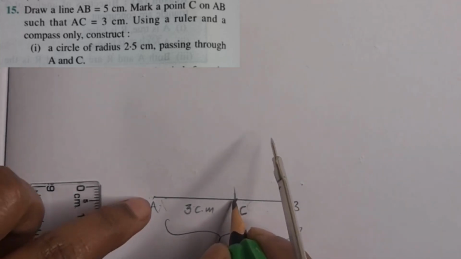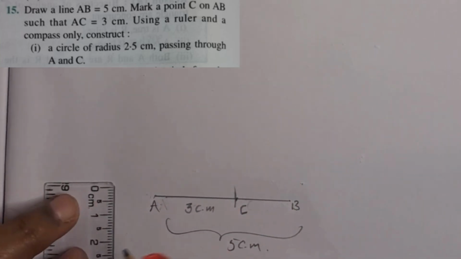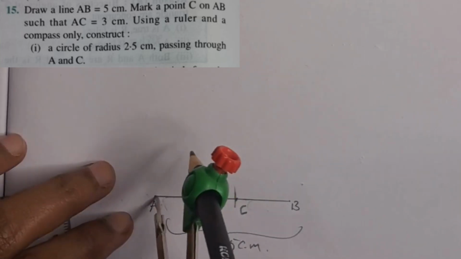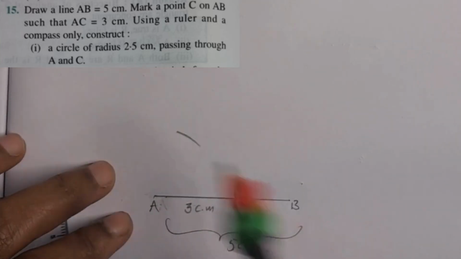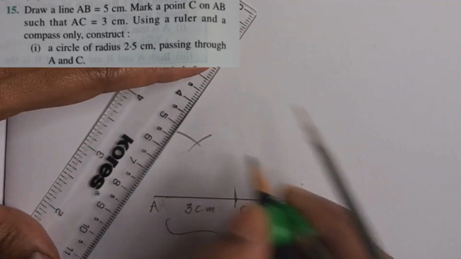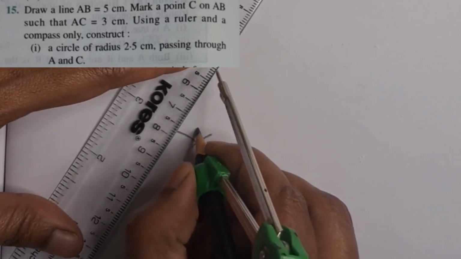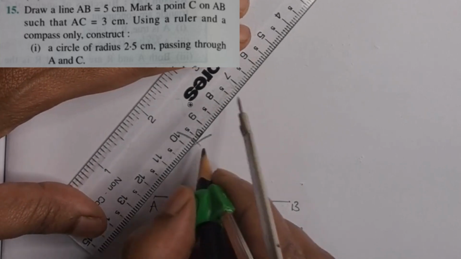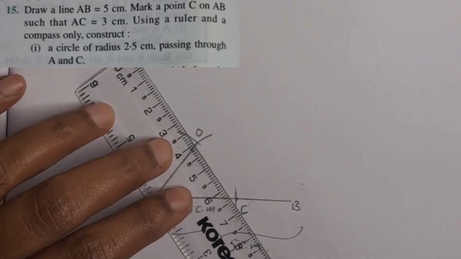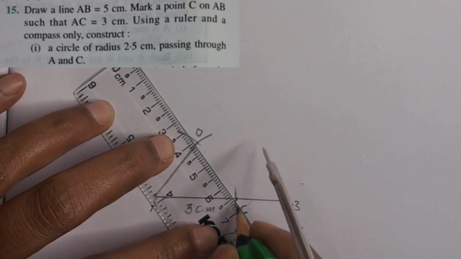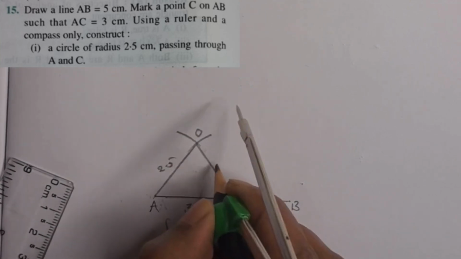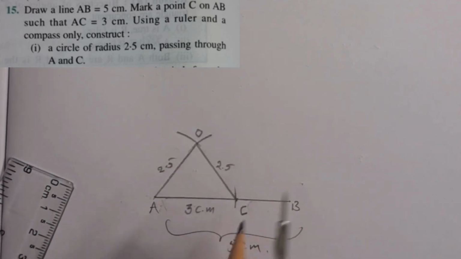Next, circle of radius 2.5 centimeters passing through A and C. From A we draw one arc and from C cut that arc, with the same 2.5 centimeters. This is O. Join OA and OC. This is 2.5 centimeters, this is 2.5 centimeters.